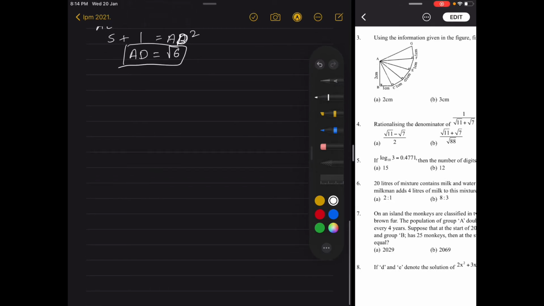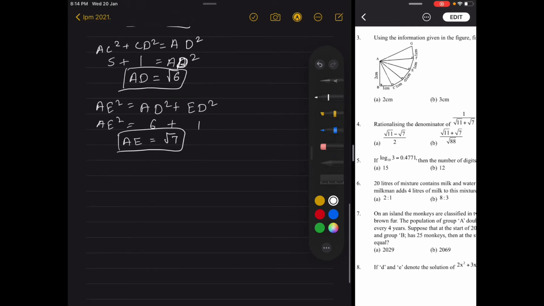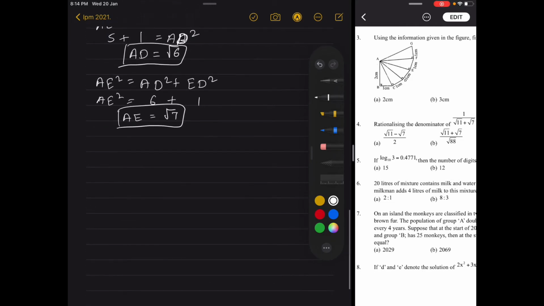Now once again, to find out AE, AE square is equal to AD square plus ED square. ED square we know is 1, AD square we know is 6. 6 plus 1 is equal to AE square. AE would be equal to under root 7. Okay, again we got AE.